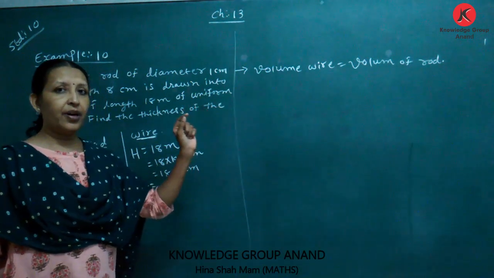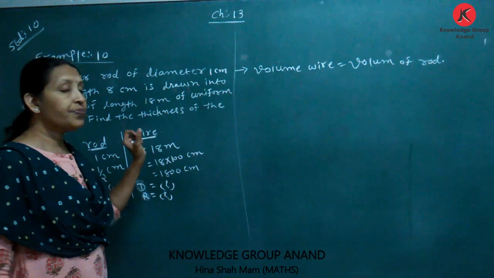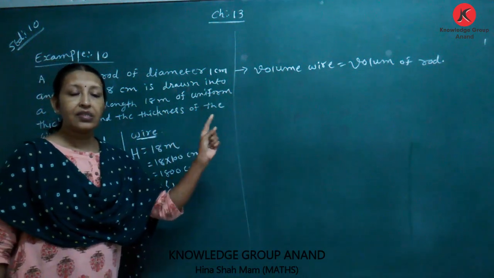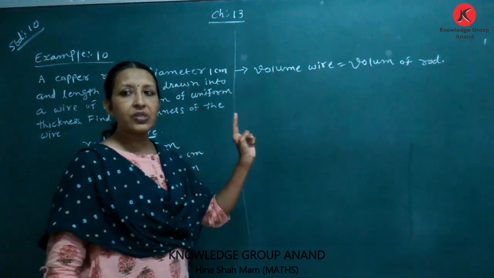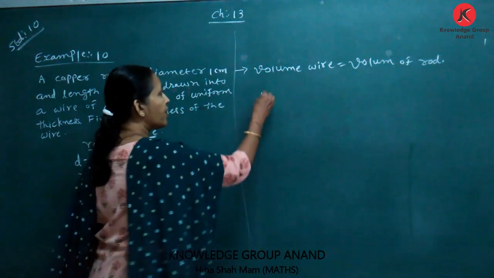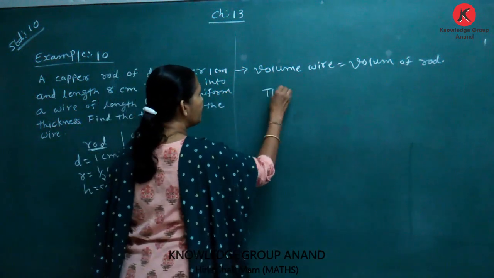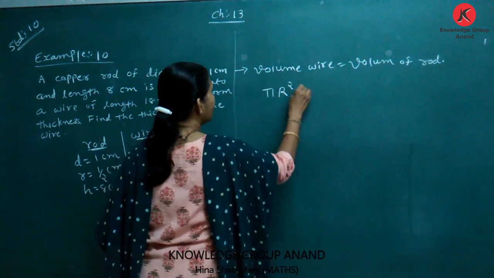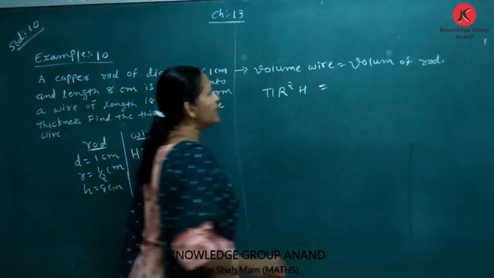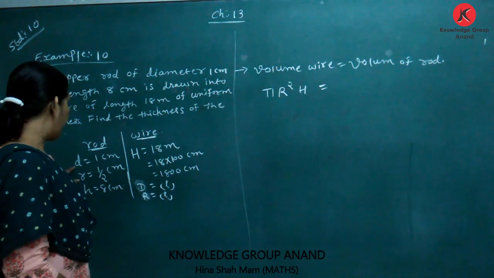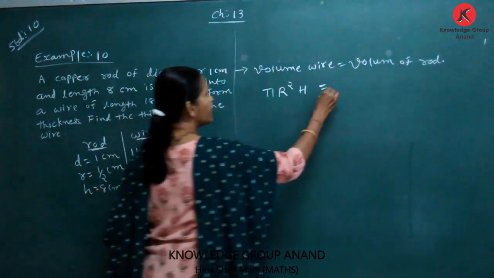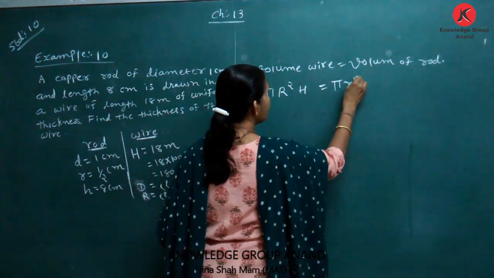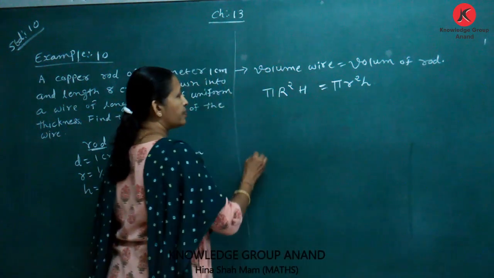What is the volume of a cylinder? Yes, pi r square h. Volume of wire is equal to pi, with the wire's terms denoted in capital letters, pi R square H, is equal to the volume of rod, pi r square h.